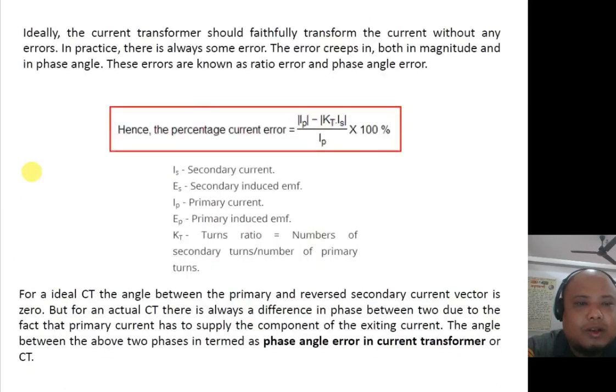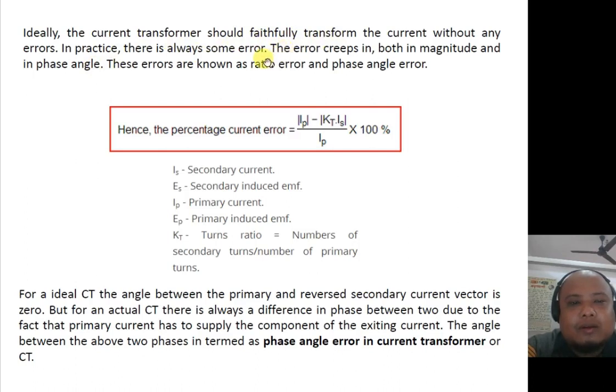At this point, it is important to know the errors in a CT. Ideally, a current transformer should faithfully transform the primary current without any error. Whatever is the primary current in its primary winding, that is the current in the line, that should be faithfully transformed on the secondary side according to the turn ratio.